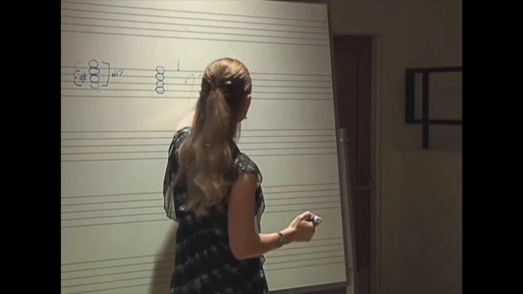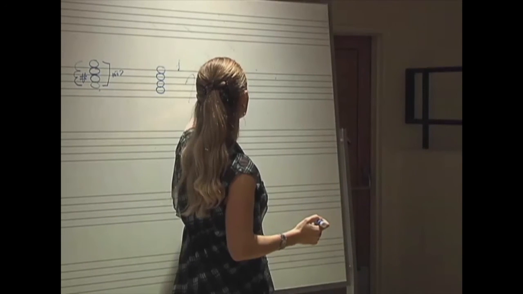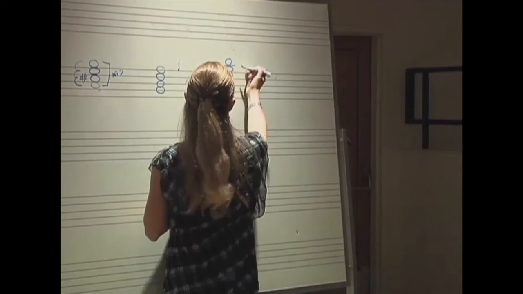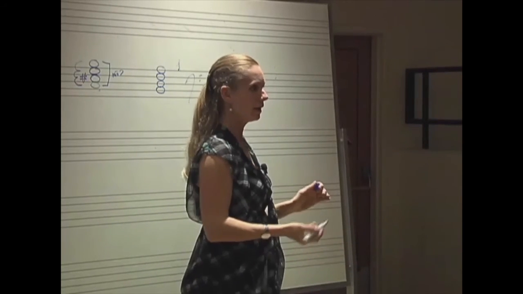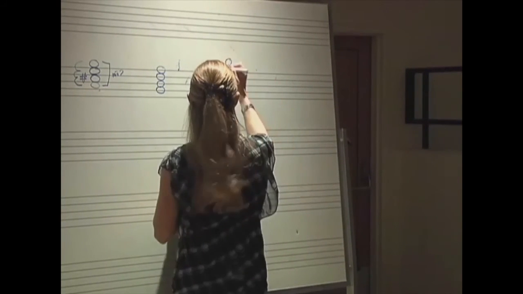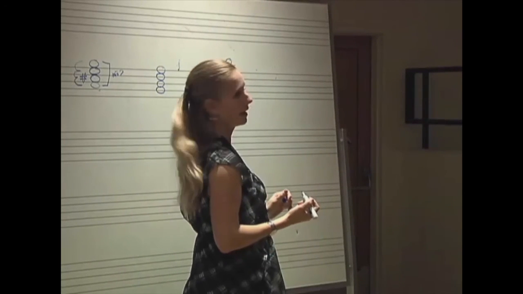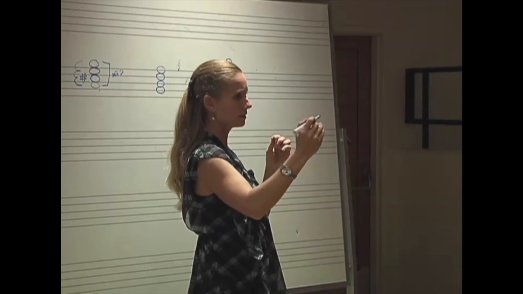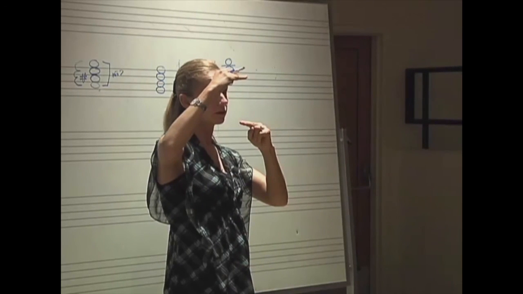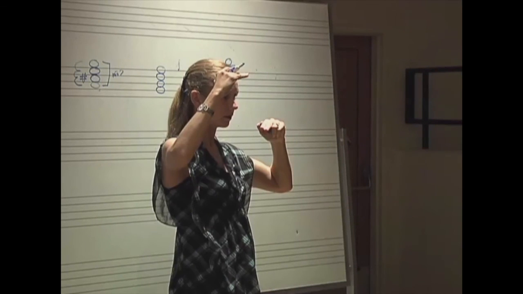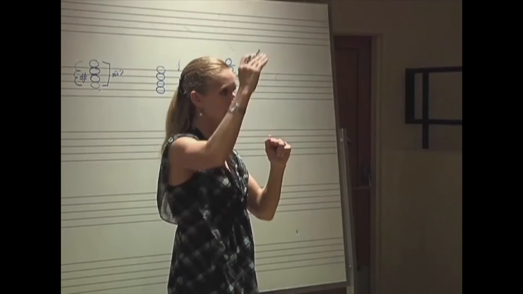We have the root, E flat to G, major 3rd, yes. G to B is a major 3rd as well, so we need to adjust it. Now we have B flat to D. Since B to D is a minor third, B flat to D is a major third, but it should be a minor third, so I'm also going to adjust the D to a D flat.